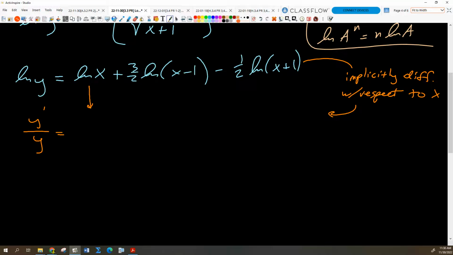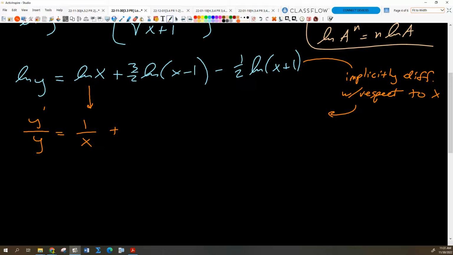Liliana, what's the derivative of log x? Okay, it's just going to be the derivative of log u is u prime over u, right? So it's going to be the derivative of x divided by x, right? What's the derivative of x with respect to x? Yeah, just 1. So that's just 1 over x for that one, right? That term.